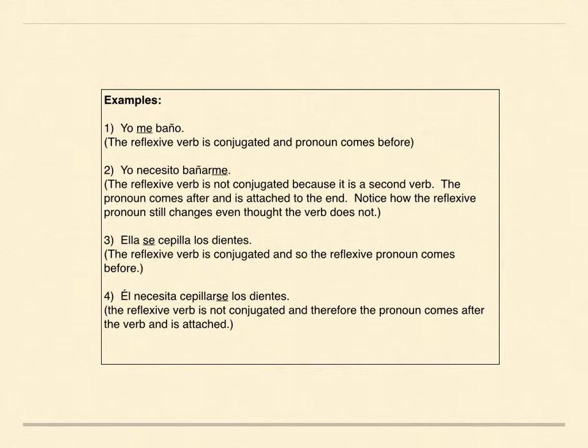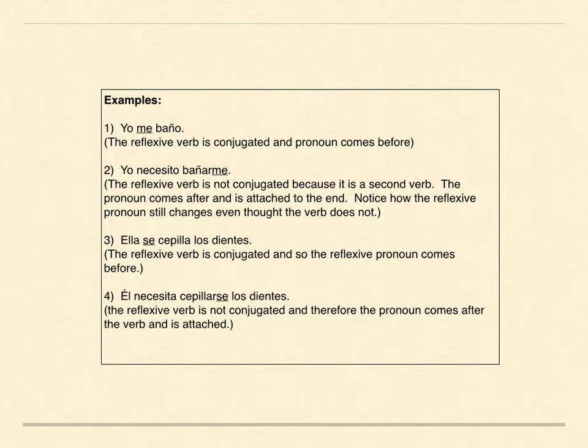Let's take a look at example 4. Él necesita cepillarse los dientes. Here we have a two-verb situation. Él necesita, he needs. And then we have a second verb, cepillarse. The interesting thing about cepillarse being used as a second verb here is that cepillar is going to stay the same.